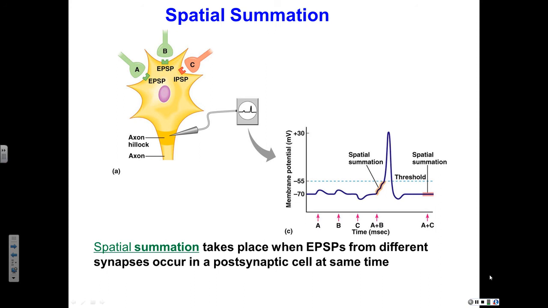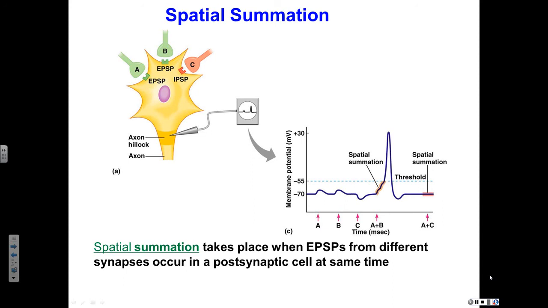In the first case here, we just have A. So only A fired, B and C didn't. We got a signal, but it wasn't big enough to get to minus 55.